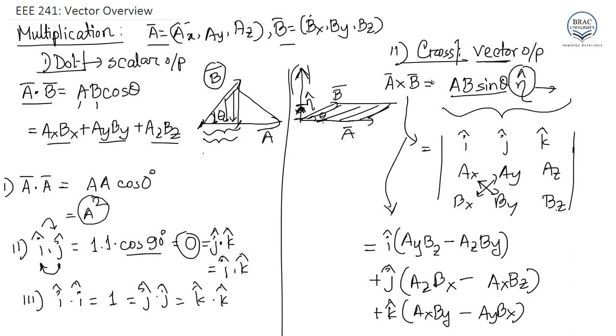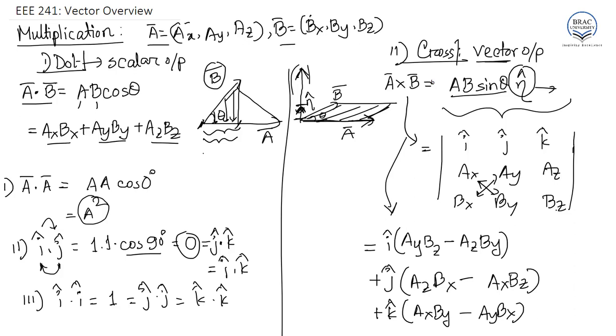Okay, so let me explain how you can get the perpendicular vector over here. So imagine your right hand is placed along a direction, with all of the fingers pointing to the A direction.